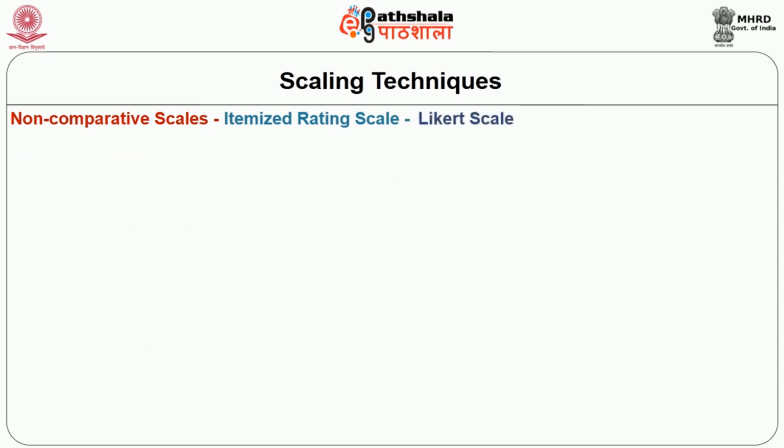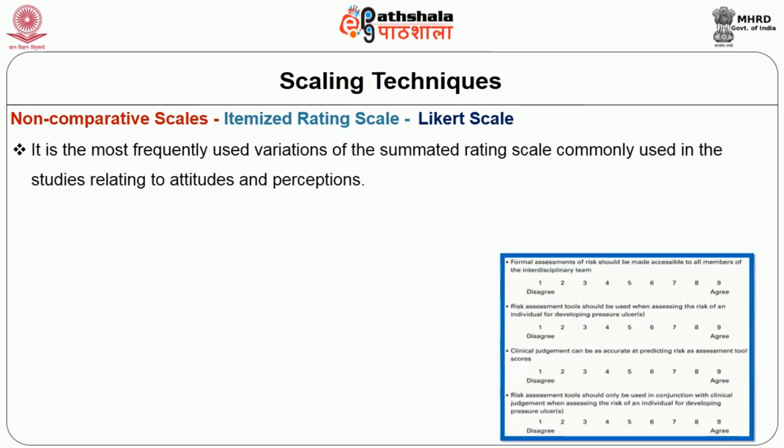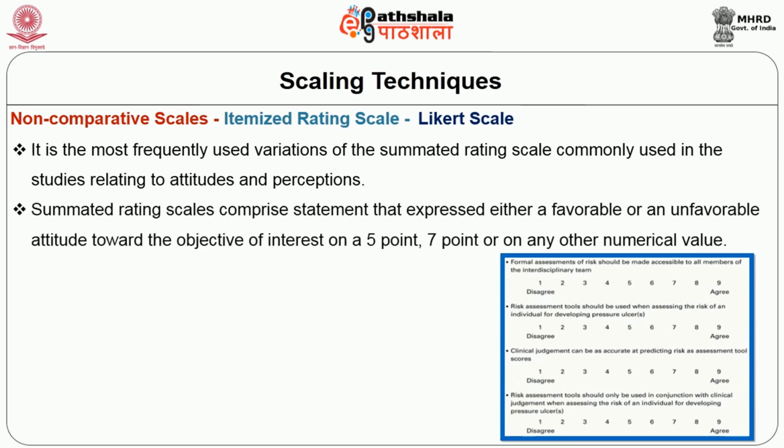The commonly used itemized rating scales are Likert scale. The Likert scale is the most frequently used variation of the summated rating scales, commonly used in the studies relating to attitudes and perceptions. Summated rating scales comprise statements that express either favorable or an unfavorable attitude towards the object of interest on a 5-point or 7-point or any other numerical value.